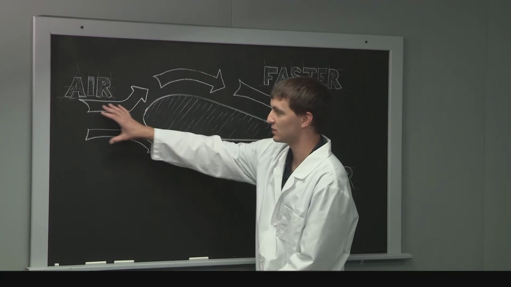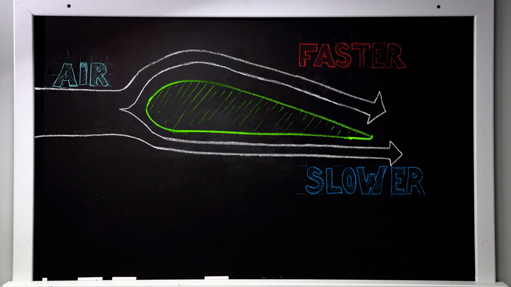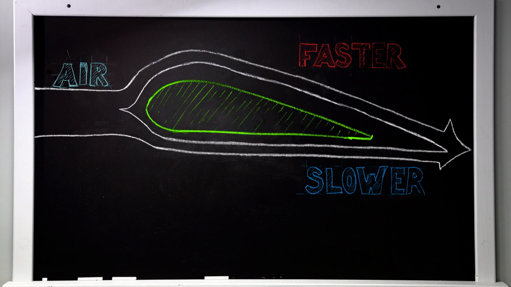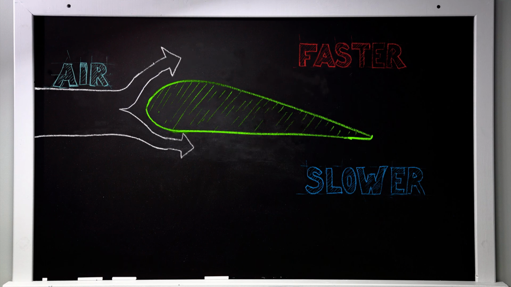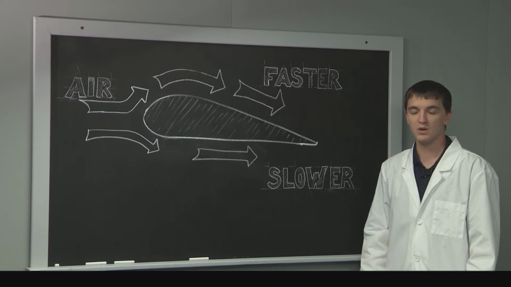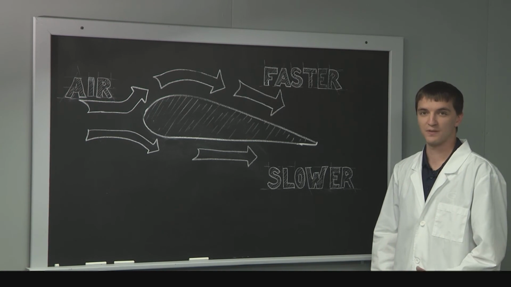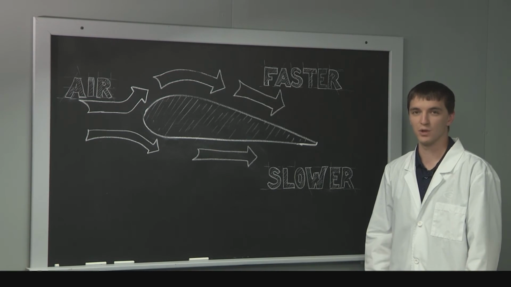When the wing comes through, the airflow will be moving around it, as the arrows indicate, and the air on the top of the wing has farther to travel in the same amount of time as the air flowing under the wing. Because it has to go further in the same amount of time, it has to be moving faster. If it's moving faster, we get a fast flow, which generates low pressure, and that is Bernoulli's principle. Areas of faster fluid flow give areas of lower pressure.